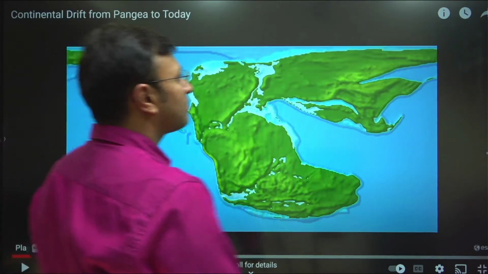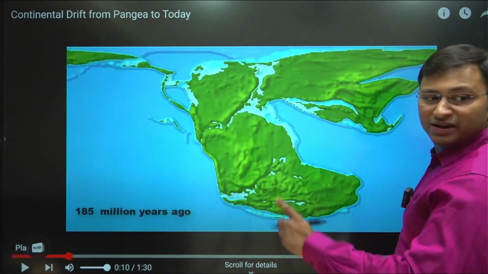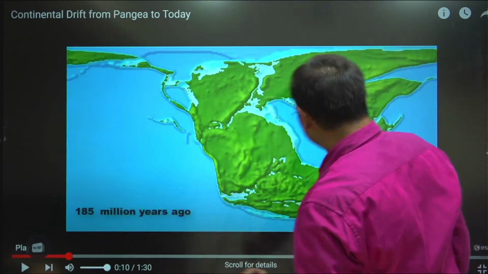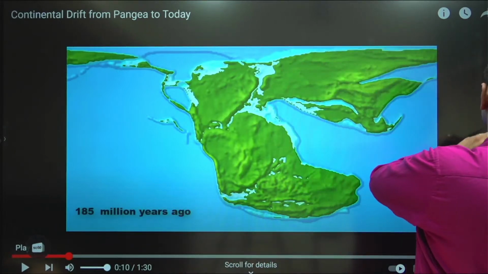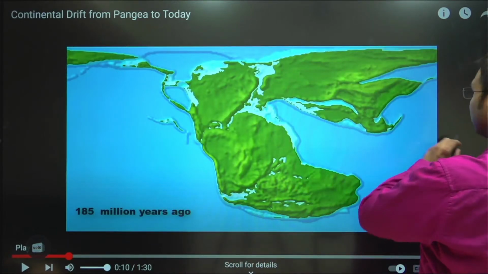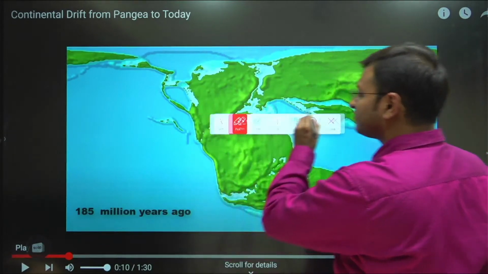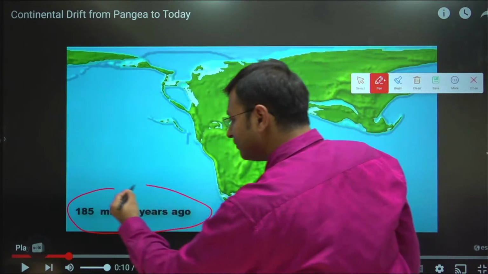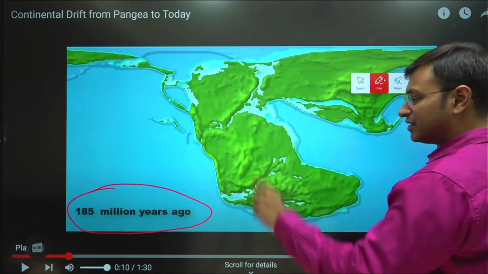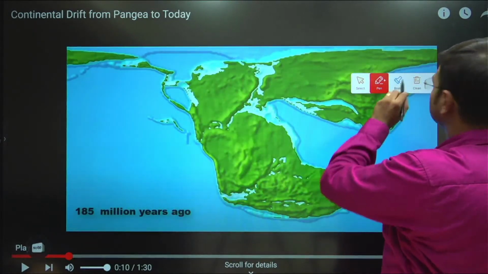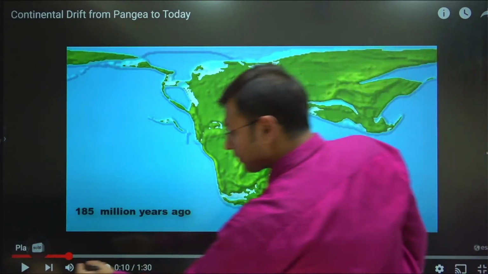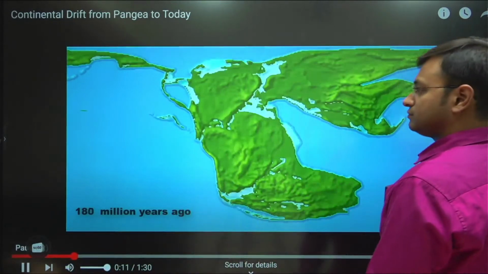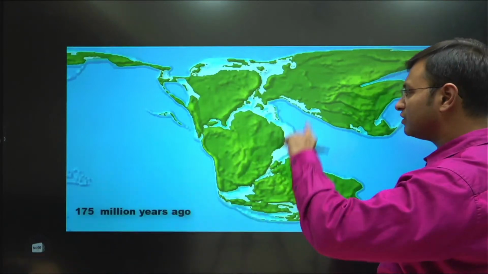Approximately 190 million years ago, Pangea is finally starting to drift and break. 195 million years ago, Pangea is starting to break up. Let's move ahead. So the Pangea is starting to slowly break.